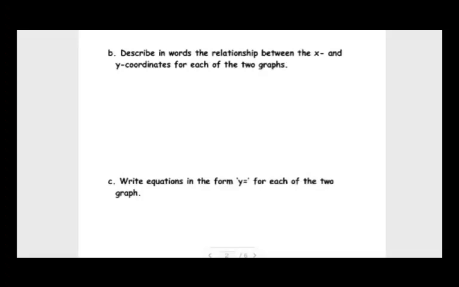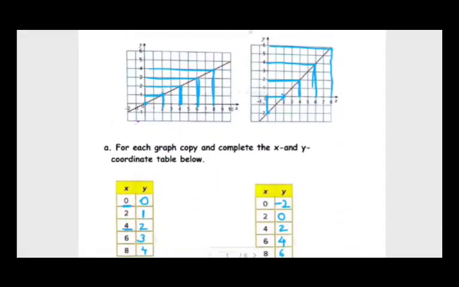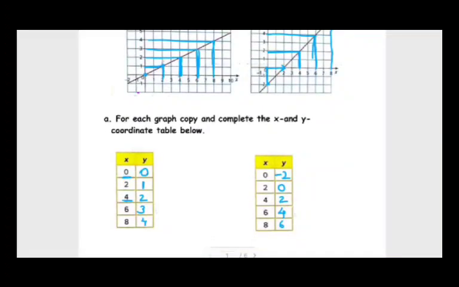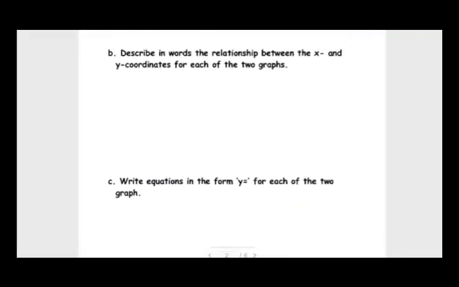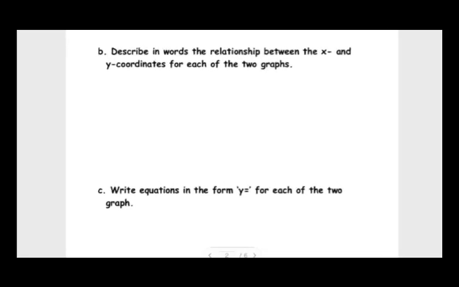Here. Describe in words the relationship between the x and y coordinates. So, what's the relationship? Looking at this, it's (0, 0), (2, 1), (4, 2), (6, 3). Doesn't it look like the y coordinate is half the x coordinate? Yeah, so that's the relationship between x and y in words. So what shall I write over here?